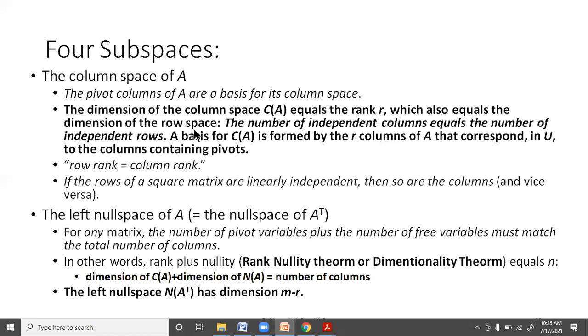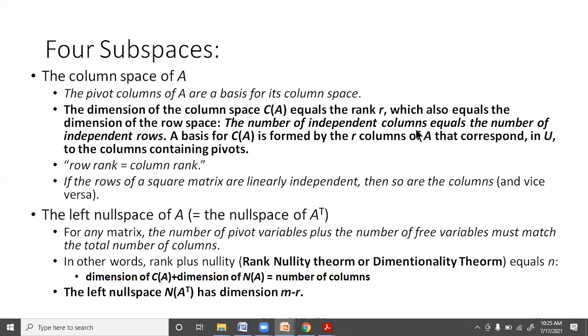Even if we transpose the matrix, the column rank and row rank are not going to change. Sorry, forget about transpose.